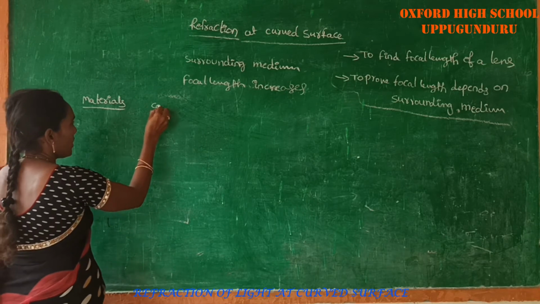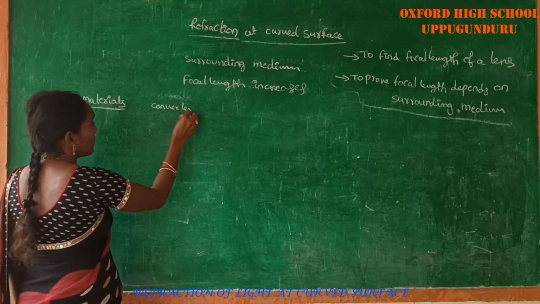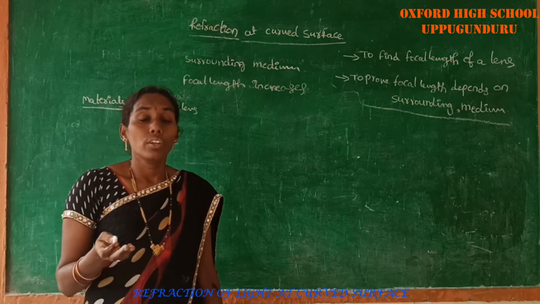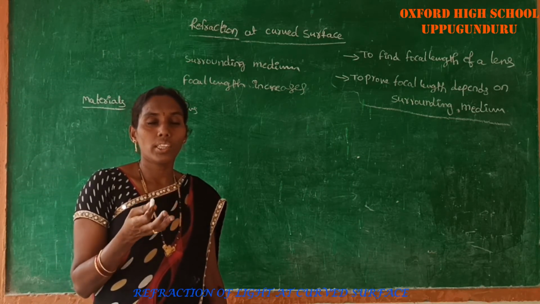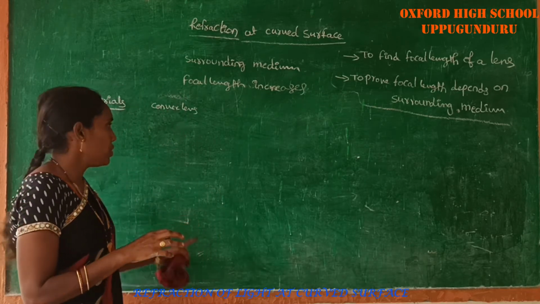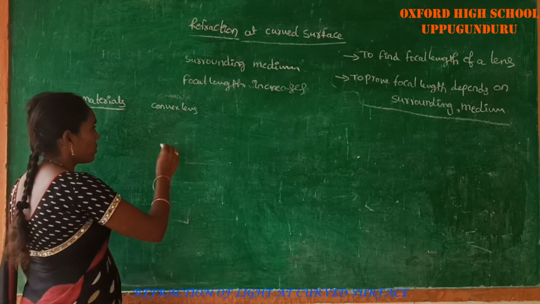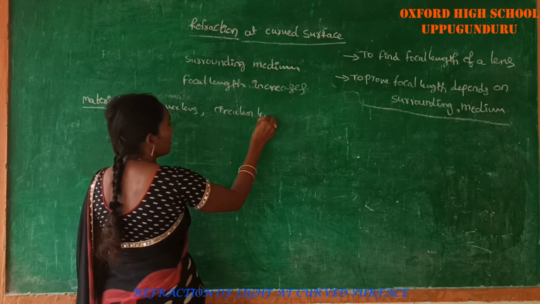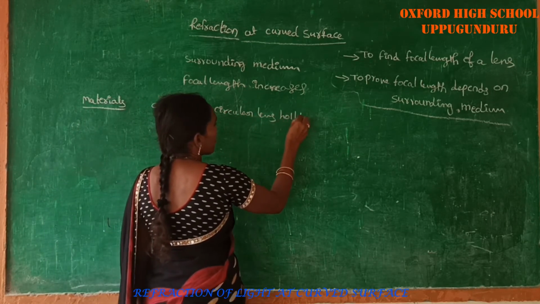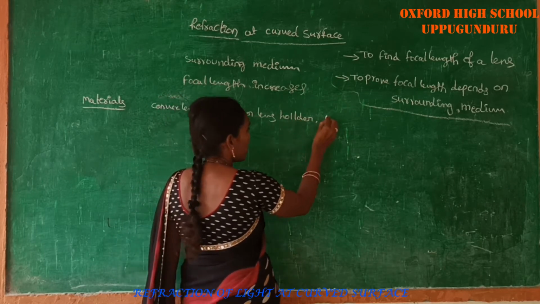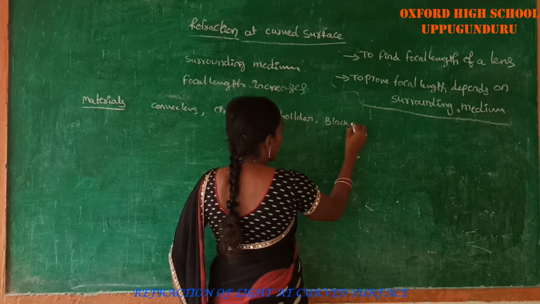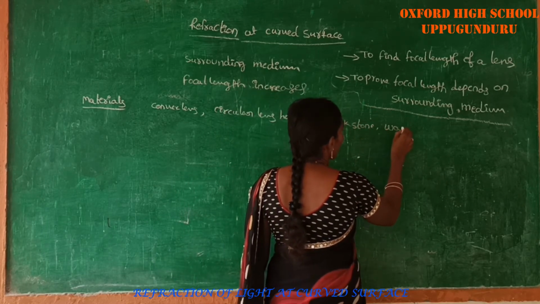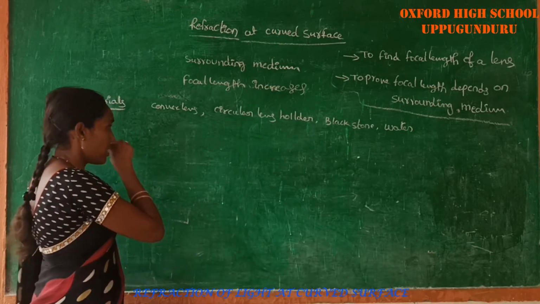Materials: a convex lens of known focal length. Already in the above experiment, we found the focal length of a lens. That value should be used in this experiment. Here: convex lens, circular lens holder, black stone, and next water, and a cylindrical vessel.